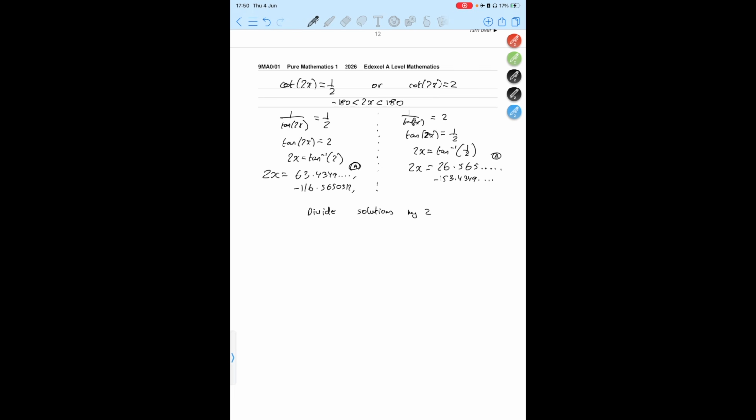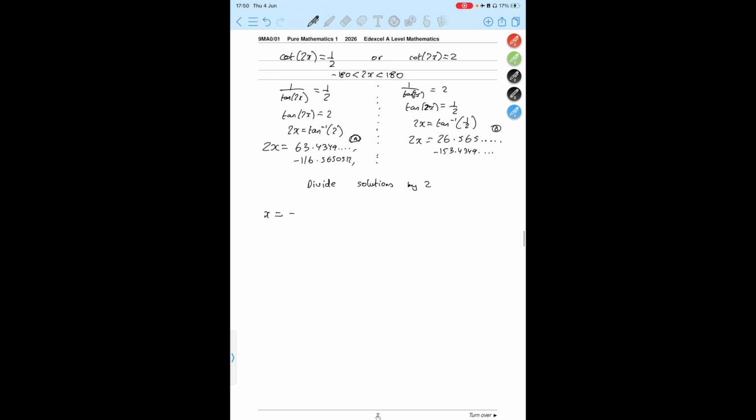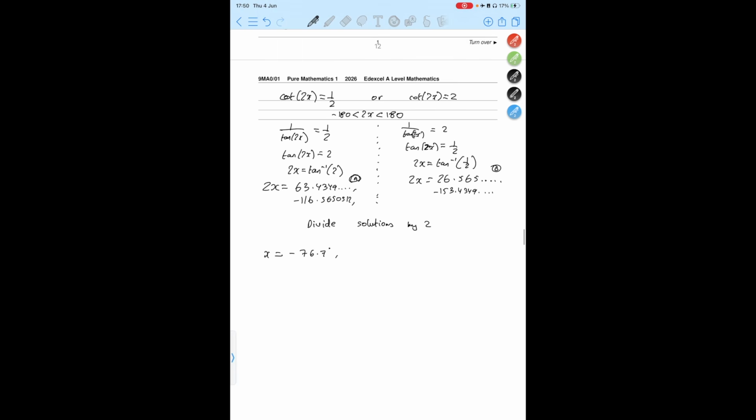So that gives our possible values of x. I'm going to start from the very smallest. So divide this one by 2. I think it gave to 1 decimal place? So minus 76.7 degrees. Next one is minus 180 divided by 2, so minus 58.3 degrees.